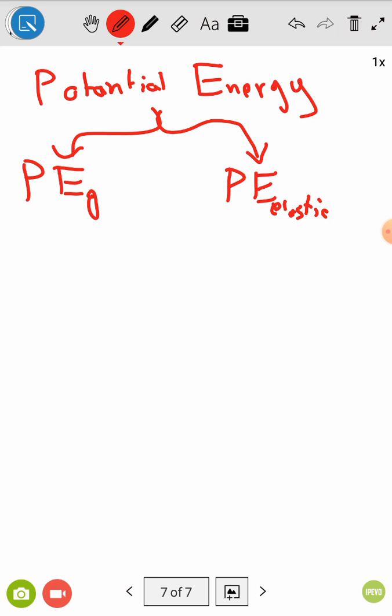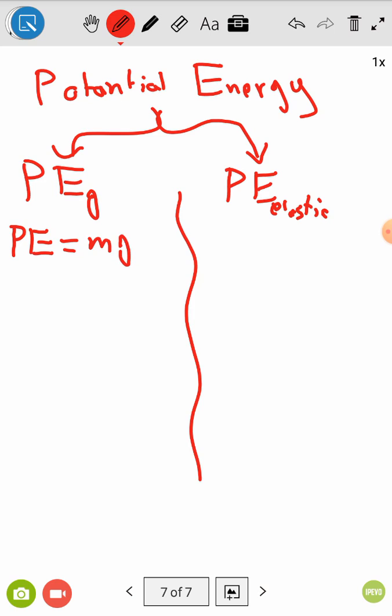Potential energy is defined as the energy associated with an object because of its position. By position, we mean the height for gravitational potential energy, or the shape or condition of the object, like a spring or rubber. Gravitational potential energy you can find by using m times g times h.